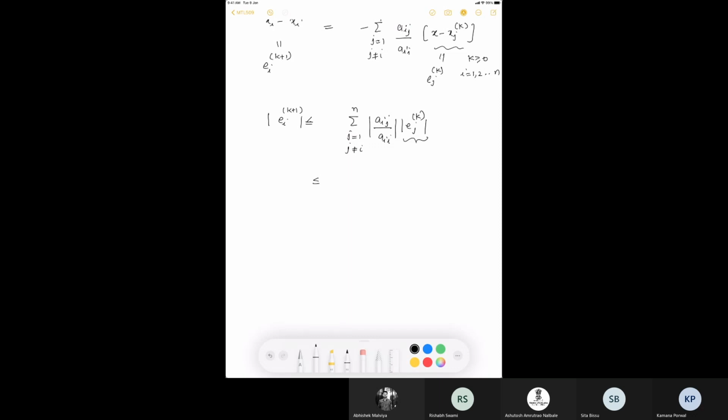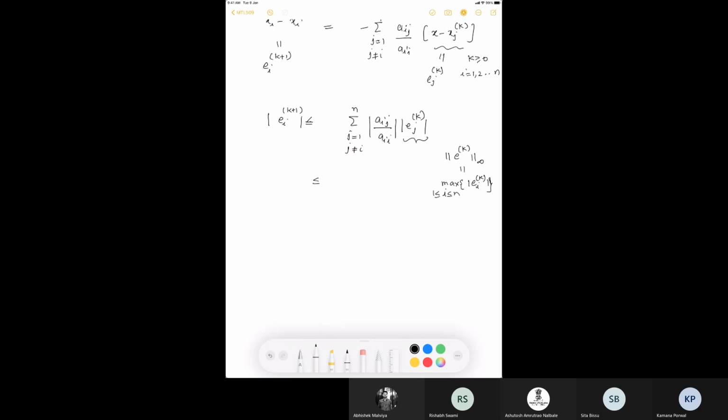So this factor will be less than or equal to the elementary norm of the vector ek, which is nothing but the maximum of the absolute values of all the components ei, right?